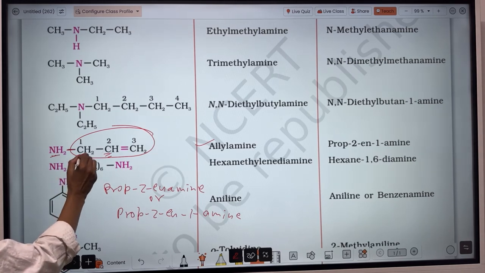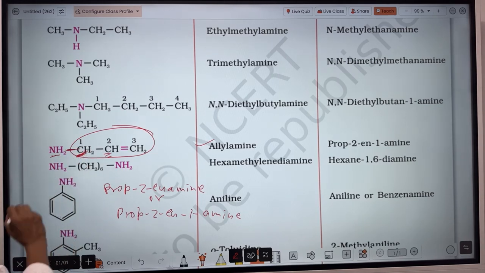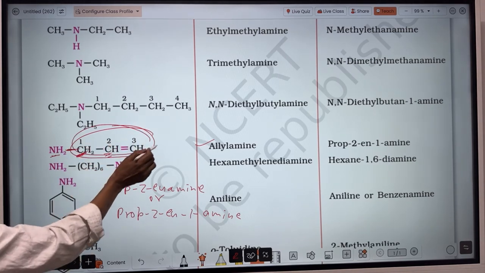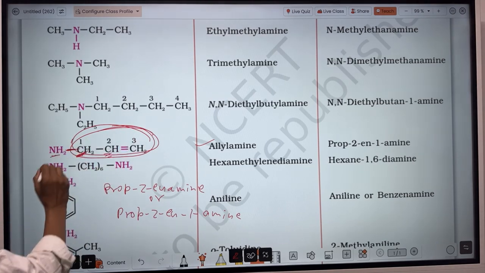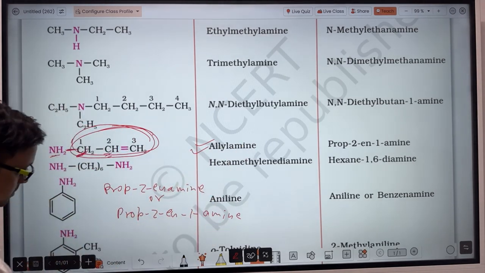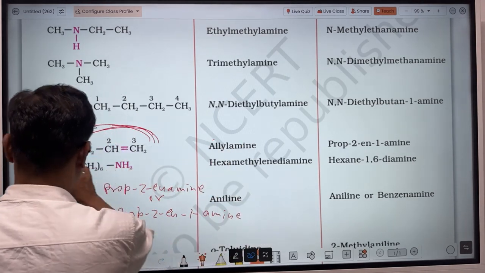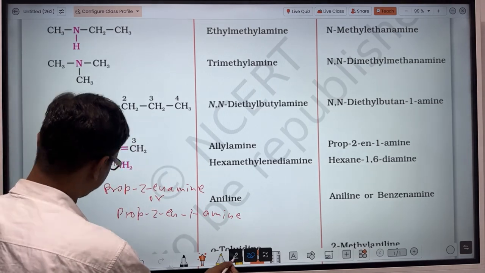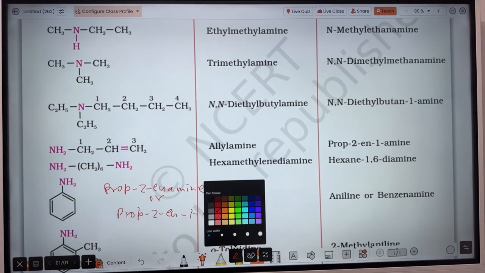Because this carbon atom is bonded to the functional group, this group is the allyl group. So that's why it is called allylamine. That was the common name.